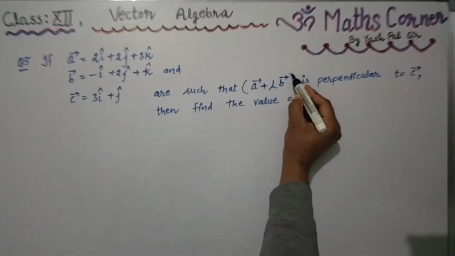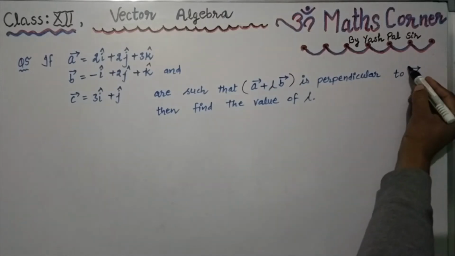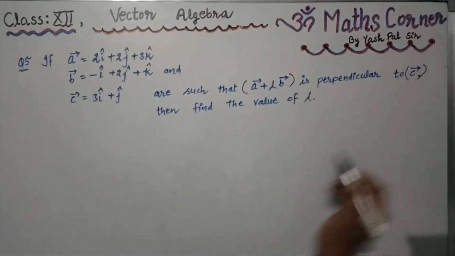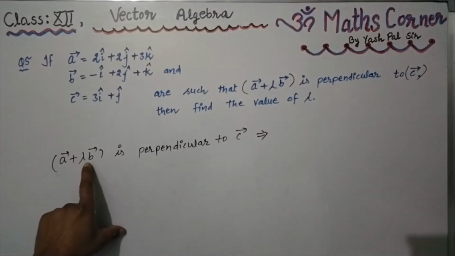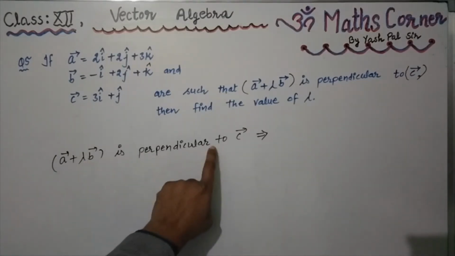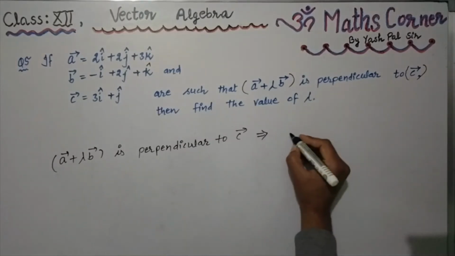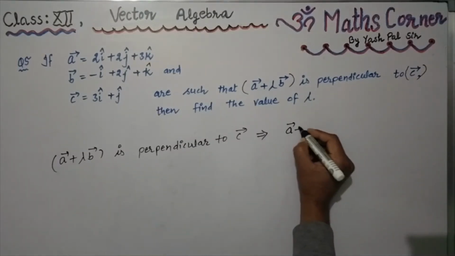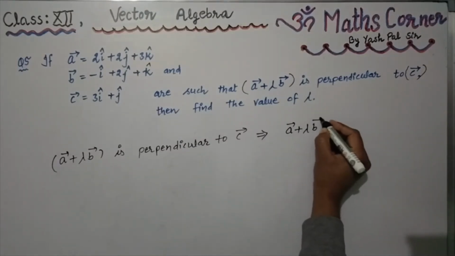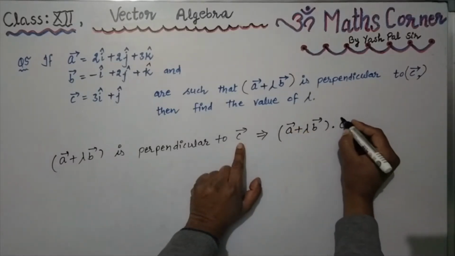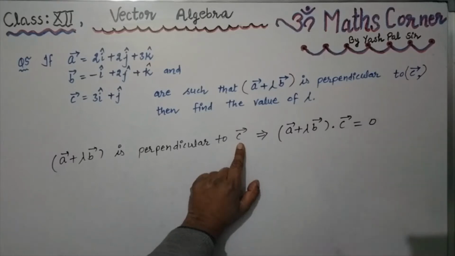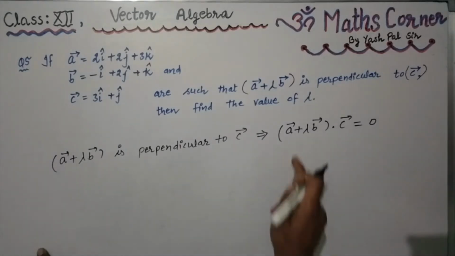First of all, vector A plus lambda vector B is perpendicular to vector C, which implies the dot product of A plus lambda B with C is equal to 0.